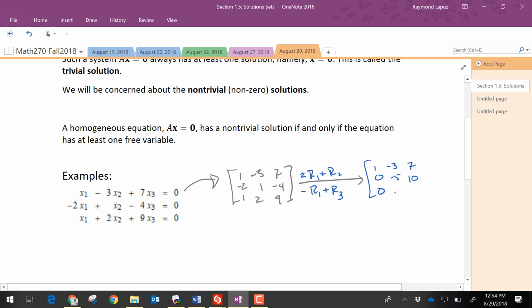So +3 plus 2 is 5. -7 plus 9 is +2. And then I could do one more step and just add the second row to the third row, and then replace the third row.